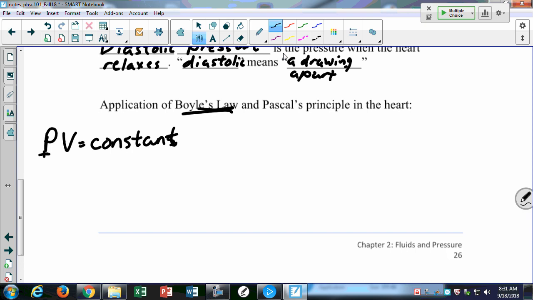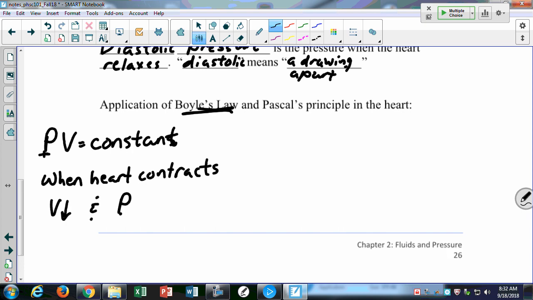The heart is just a muscle, and it goes big, small, big, small. It makes the chambers inside the heart get smaller. So when the heart contracts, the volume decreases, and therefore the pressure increases.